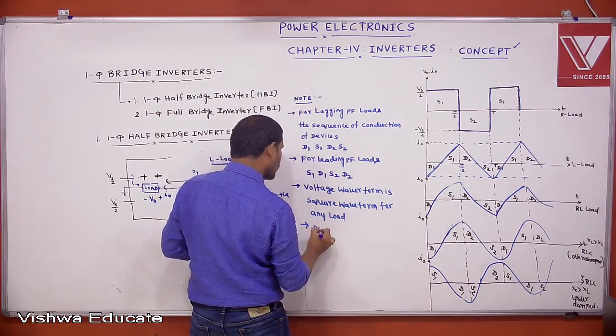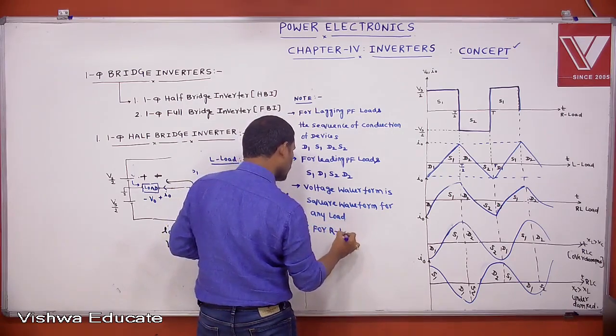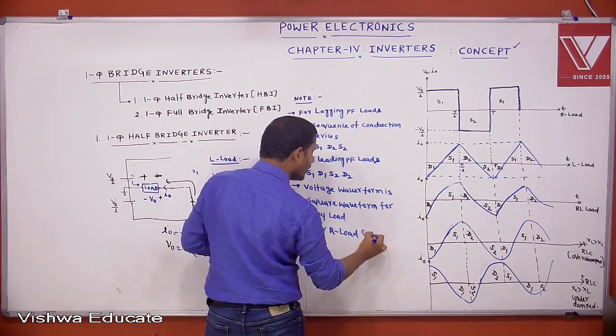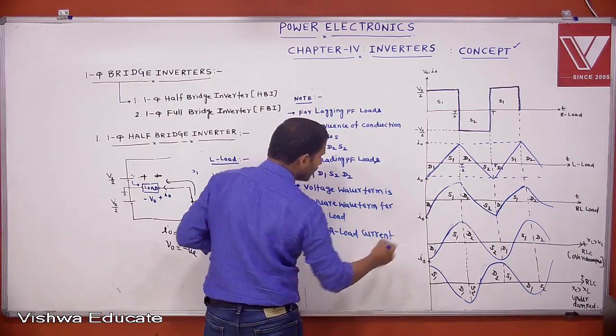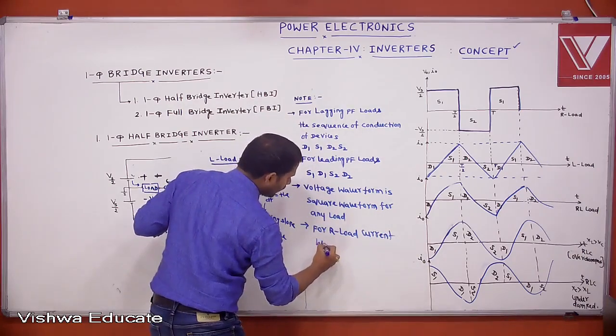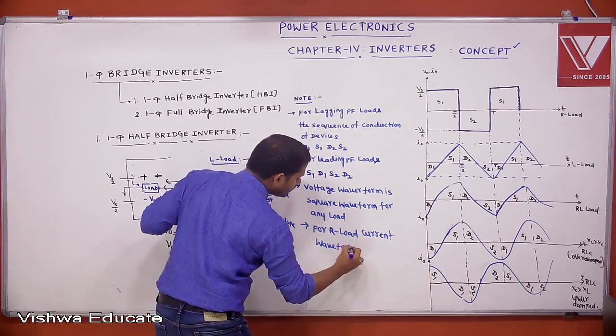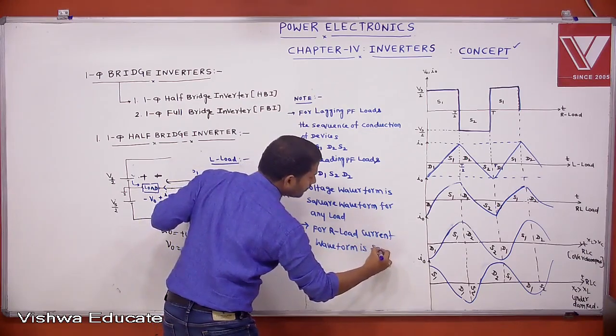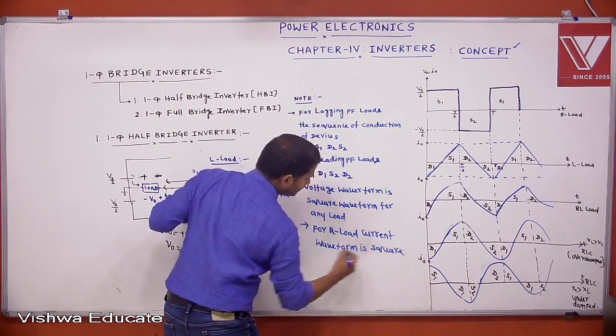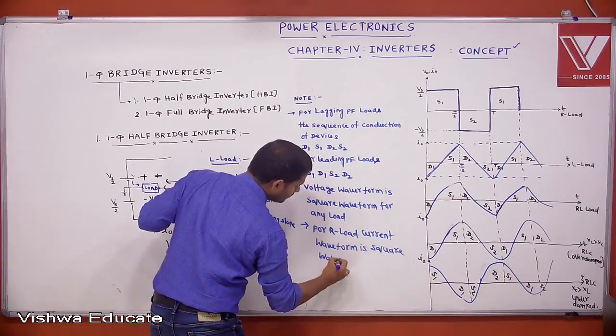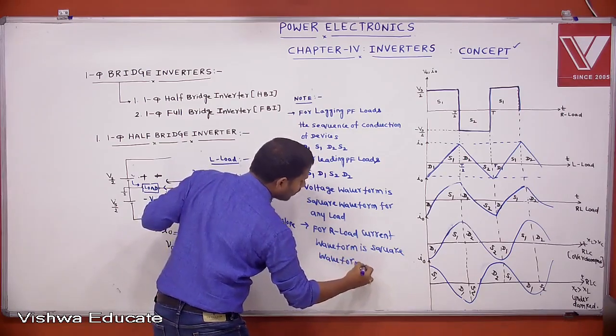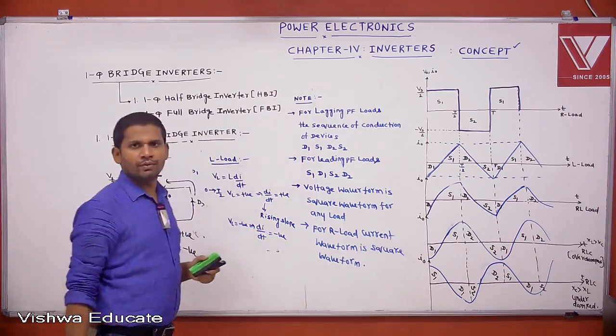For R load, the current waveform is a square waveform.